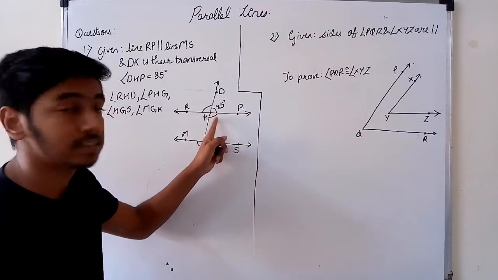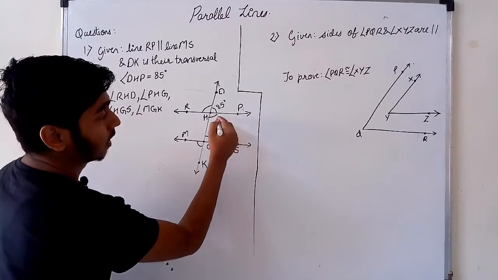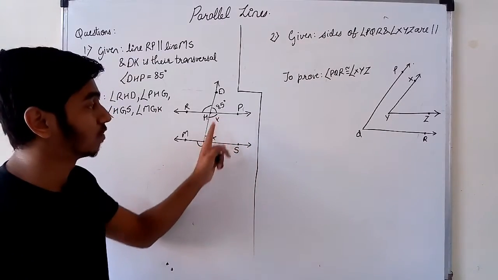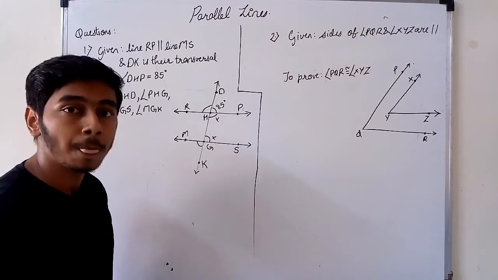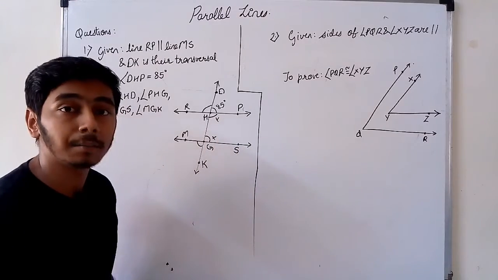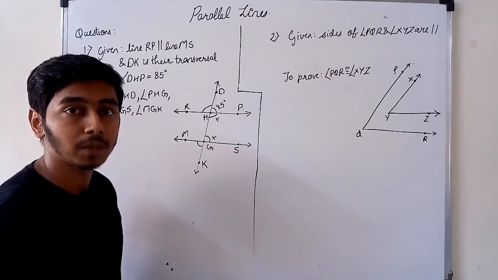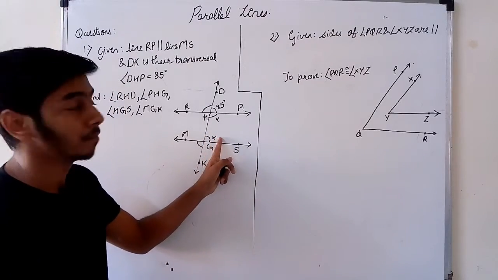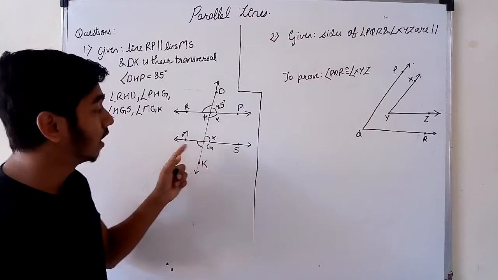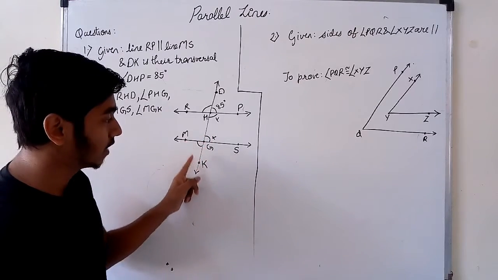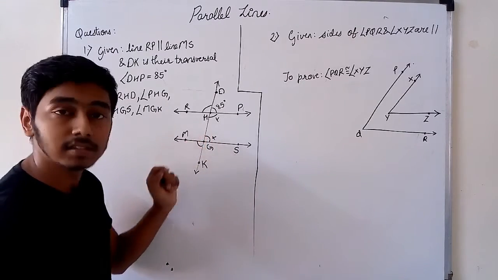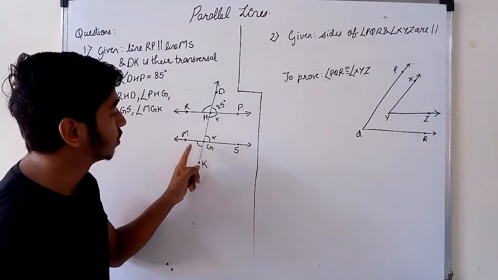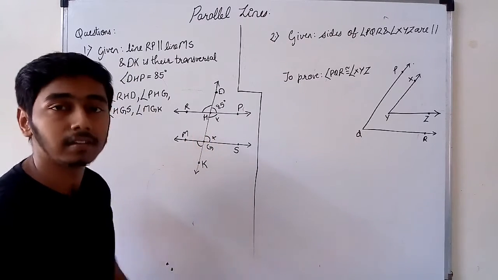Then after finding this angle, we can say that this angle and this angle are forming interior angles, and you know that the sum of interior angles is supplementary. So you can find this angle with the help of that. Then this angle MGK will be vertically opposite angle to this, therefore this angle will be same as this angle.